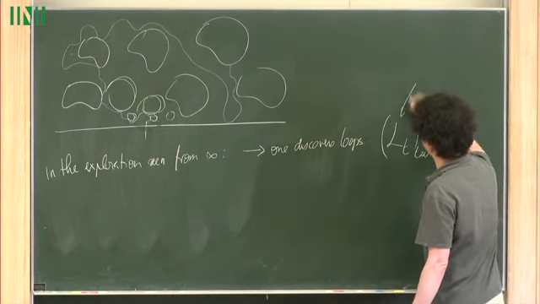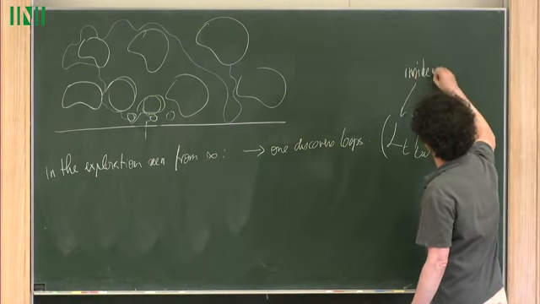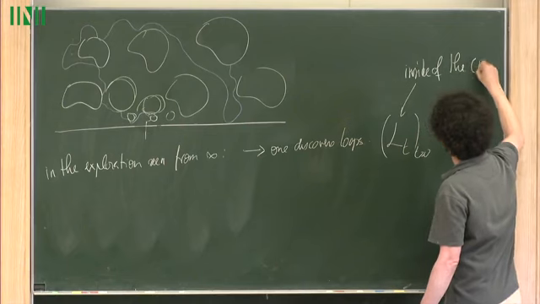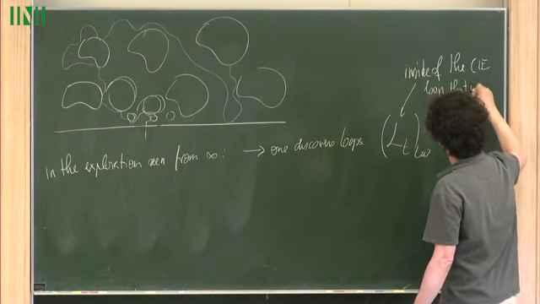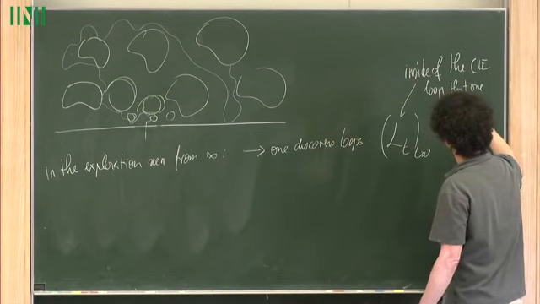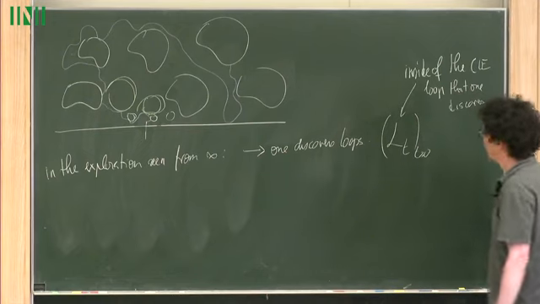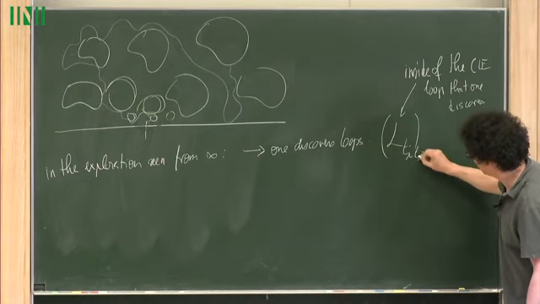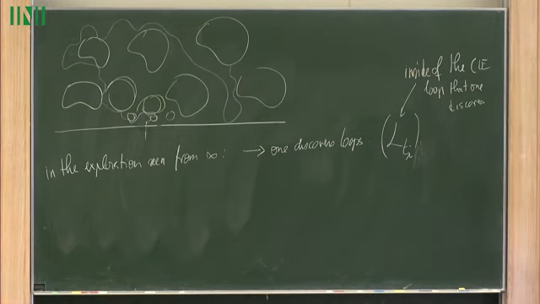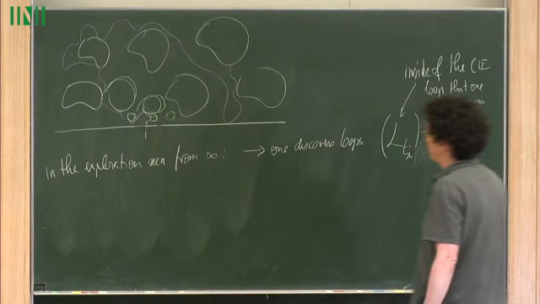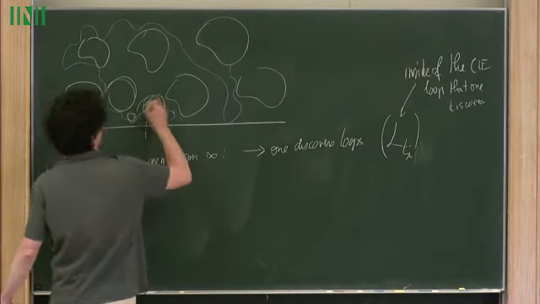That would be the inside of the CLE loops that one discovers. So this is a point process: a collection L_t at a special countable number of times, loops that you're discovering in a certain order.